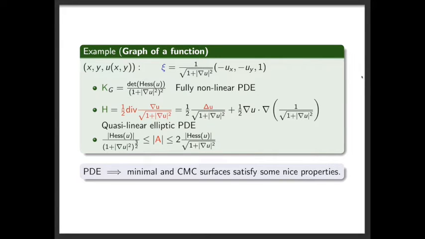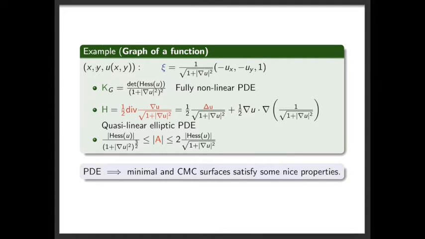When we have a surface which is given as the graph of a function, we can write these geometric quantities using nice partial differential equations. Here's the equation for the Gaussian curvature. Here's the equation for the mean curvature, which is the prototypical example of a quasi-linear elliptic PDE.